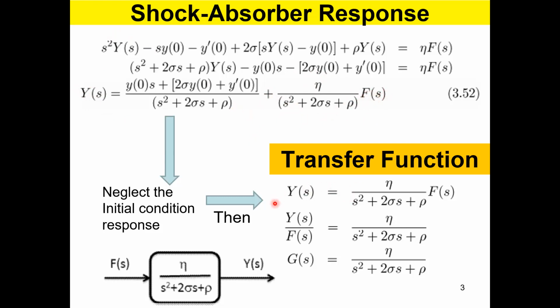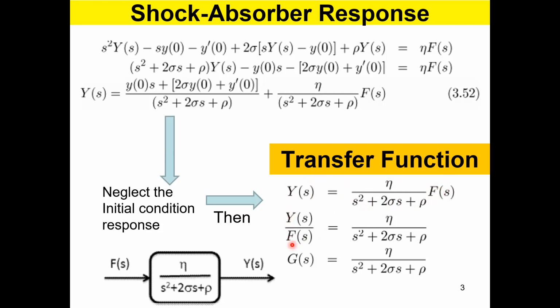So you generate this equation: Ys is equal to eta over s square plus 2 sigma s plus rho, times Fs, and we give this name transfer function. Transfer function, transferring from input to the output or to the response. Then once you get this Fs to the left hand side, it is Ys over Fs.